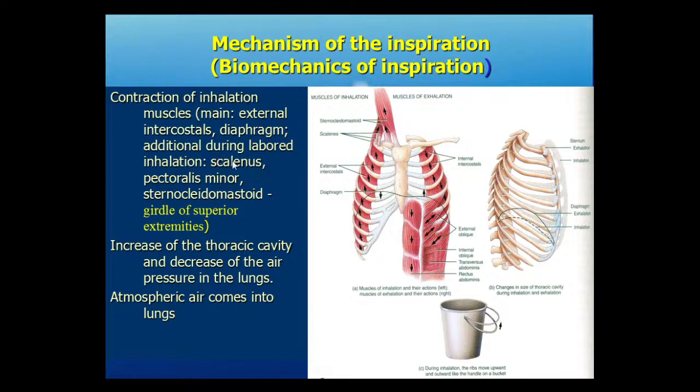Additional muscles during labored inhalation are the scalenus, pectoralis minor, and sternocleidomastoid. Actually, it's the girdle of the superior extremities.